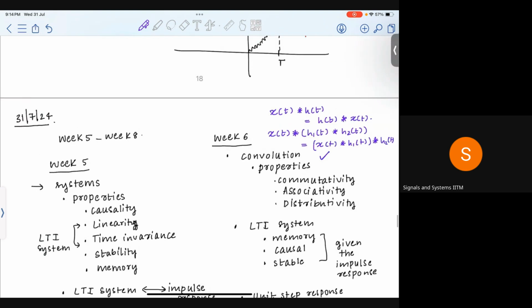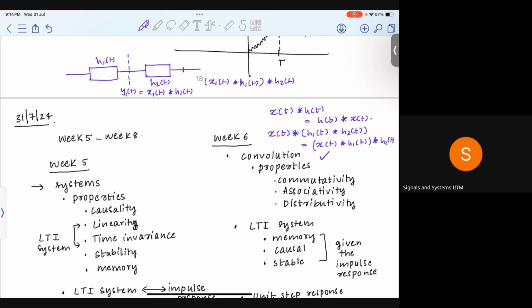In other words, what this says is, suppose you have two LTI systems, h1 of t and h2 of t. The output at this point, y1 of t, is x1 of t convoluted with h1 of t. Now, this output is the input to the second system. So this is x1 of t convoluted with h1 of t convoluted with h2 of t.